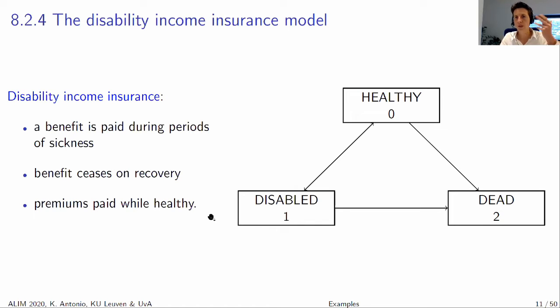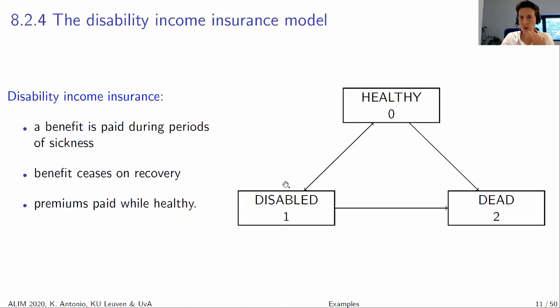When you think about a disability income insurance product, you can think of a product that pays you a certain benefit during periods when you're sick. Of course, this benefit will cease upon recovery. If you're able to get back to work, the benefit payments will stop and you will pay premiums while you are healthy. You can also extend this product with lump sum benefits that are paid when you make the transition from 0 to 2, from 1 to 2, and so on and so forth.